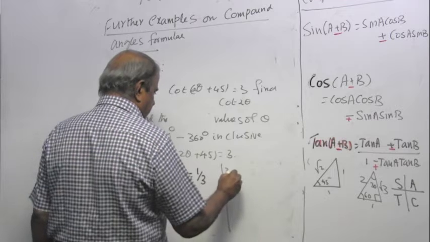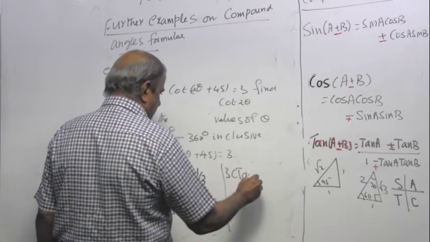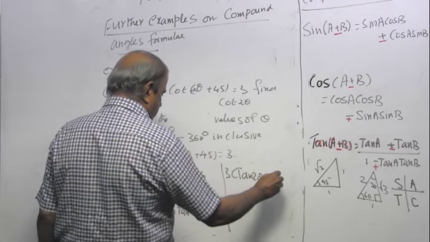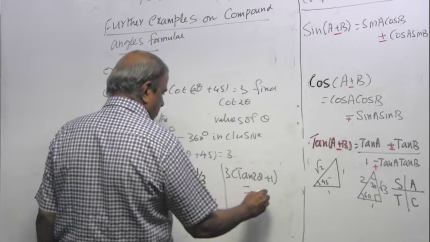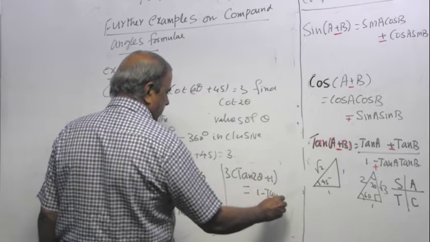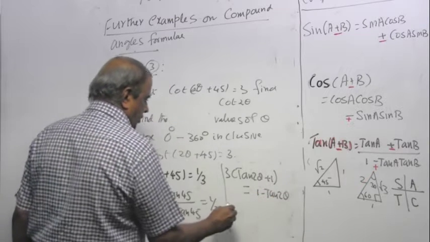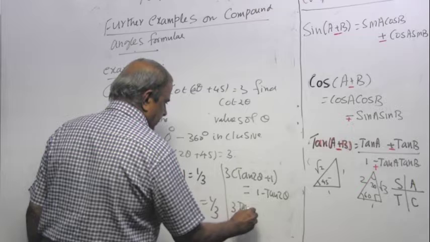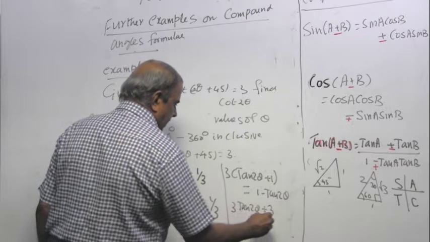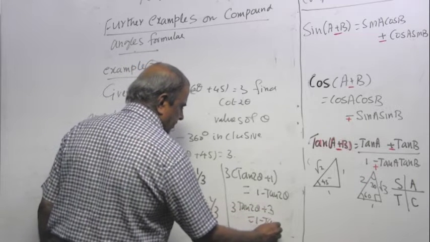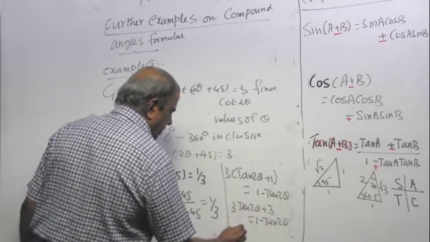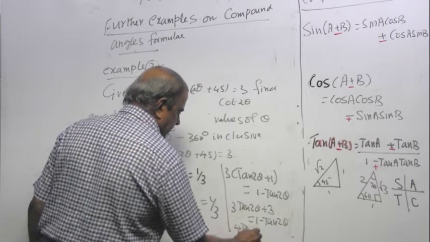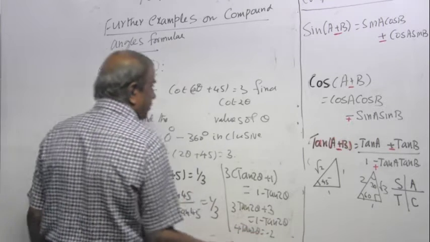So it becomes 3 times tan 2 theta plus 1 is equal to 1 minus tan 2 theta. So 3 tan 2 theta plus 3 equals 1 minus tan 2 theta. 4 tan 2 theta equals minus 2.